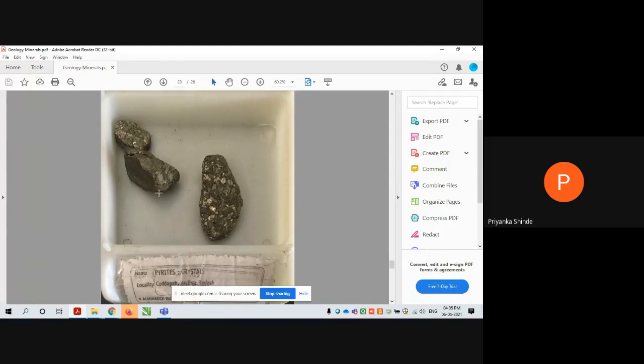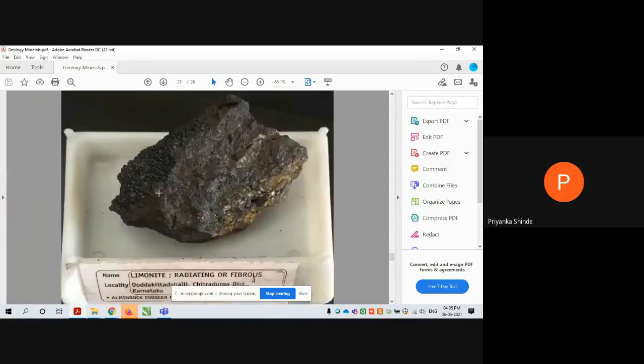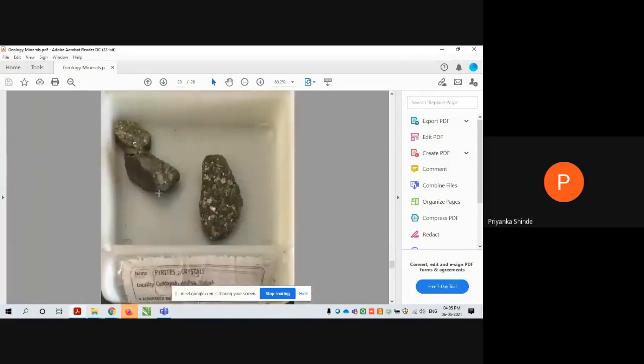So these are iron ores: hematite, magnetite, limonite and pyrite. These are the iron ores from which you can extract the iron. It will have some impurities also, so that is called the ore mineral.